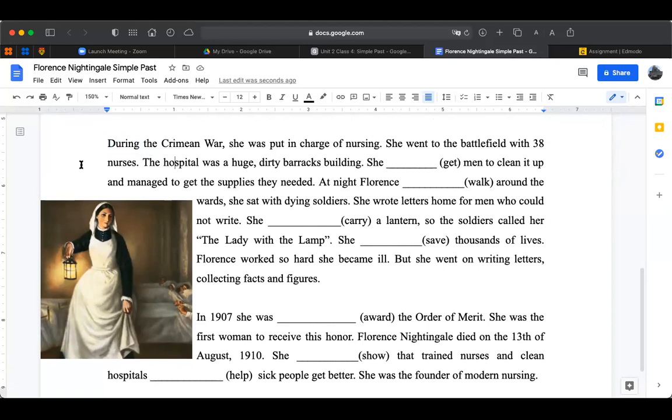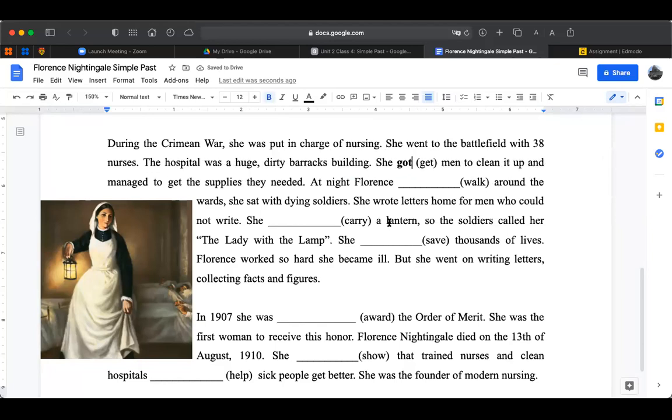During the Crimean War, she was put in charge of nursing. She went to the battlefield with 38 nurses, and the hospital was a huge, dirty barrack building. She got it. Very good. This is an irregular verb.